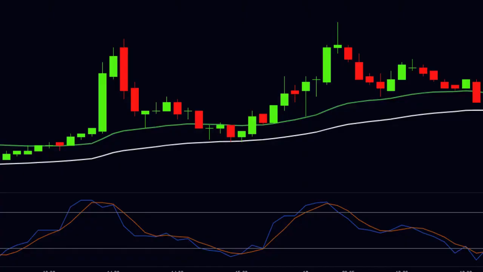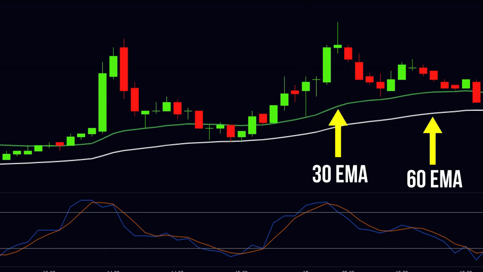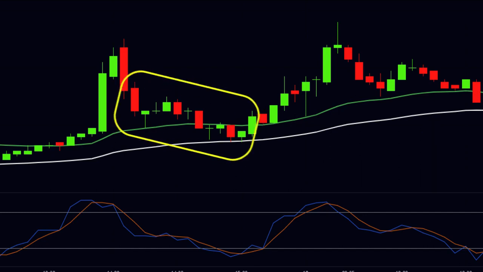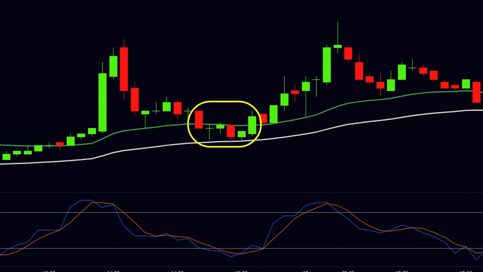Let us take an example. Here the 30 EMA line is above the 60 EMA line, so the price is in the uptrend. And you can see here a small pullback, and the price is taking support in the zone between the 30 EMA and 60 EMA. Now for the accurate entry, just find at which point the bullish crossover occurs.